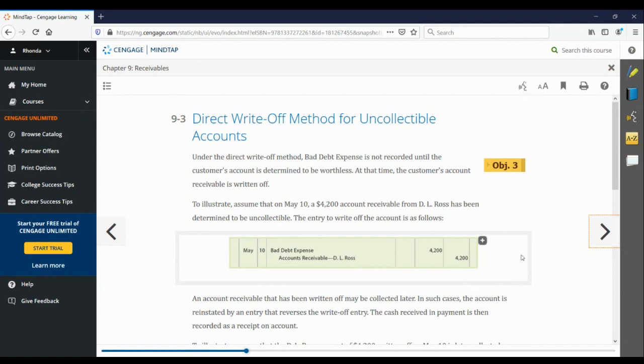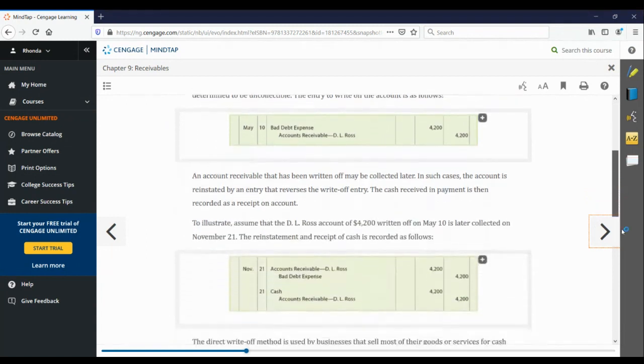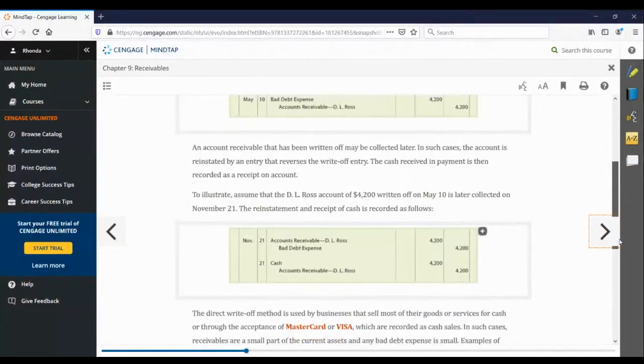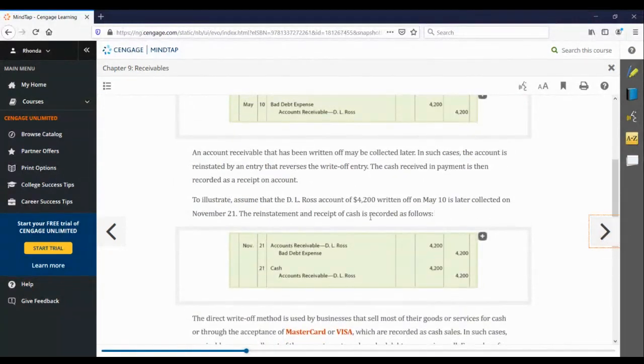Now, sometimes what will happen after you have written off an account, the customer may come back to us and say later on, I want to make this account right with you. I want to reestablish my credit, and so I'm going to pay you the amount that I originally owed you. If that is the case and we've already written off that customer account, we're going to need to record two journal entries.